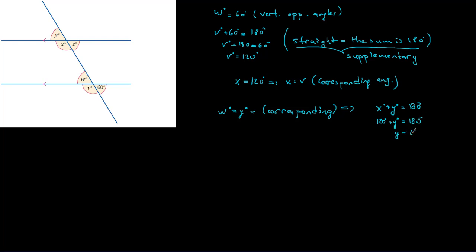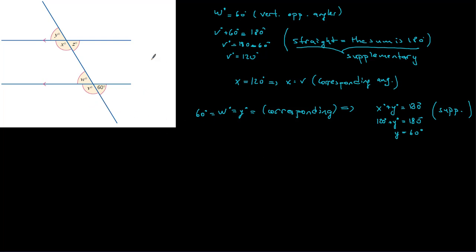Y is equal to 60 degrees by using the corresponding property, or by using the supplementary angles formula I can find Y is equal to 60. Whichever way you like, you can use in the exam.